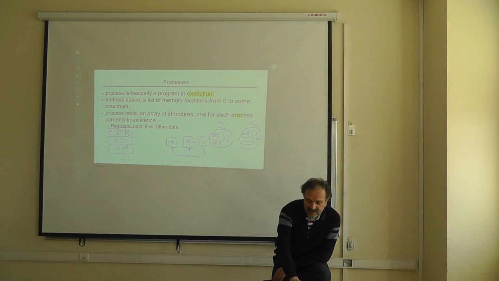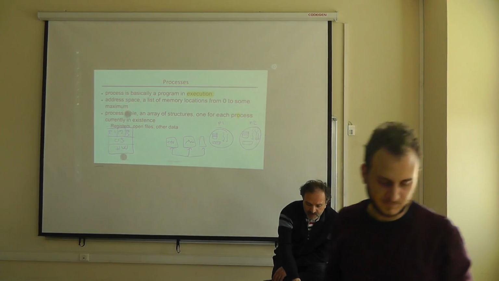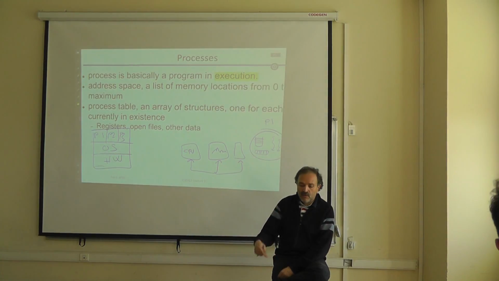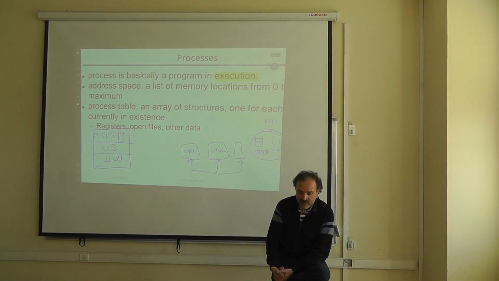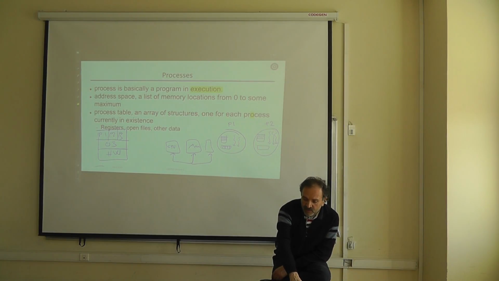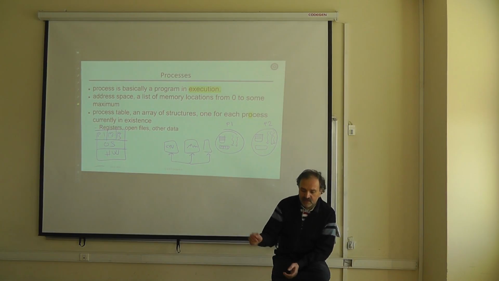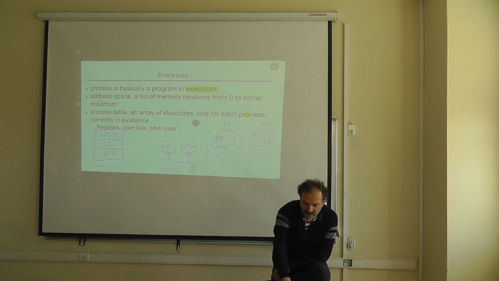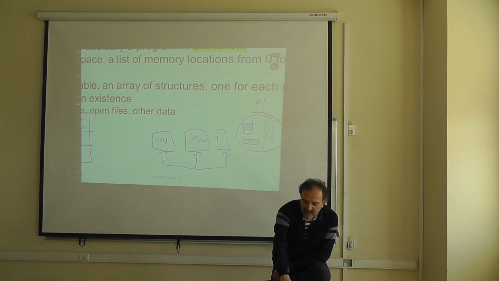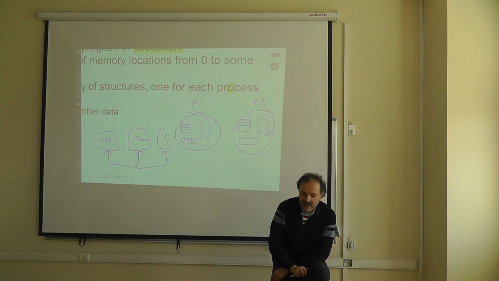And operating system makes it transparent for these processes so that they think that they have their own address space. Okay? So a list of memory locations starting from 0 to some maximum number. Even though I have a single memory chip, single memory unit, I need to share, multiplex this memory unit among these processes. And each one has an address space.